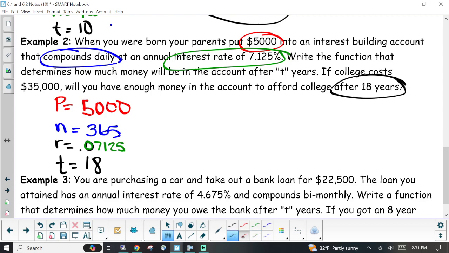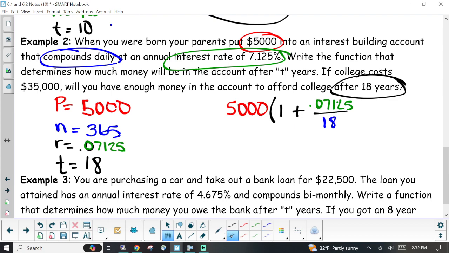Our formula, we're going to plug this stuff in. 5,000, 1 plus our interest rate, 0.07125, divided by n, which is 18.